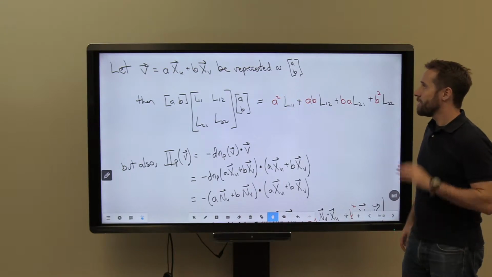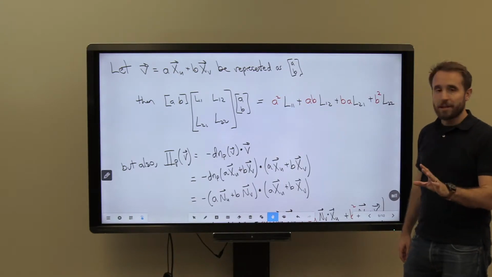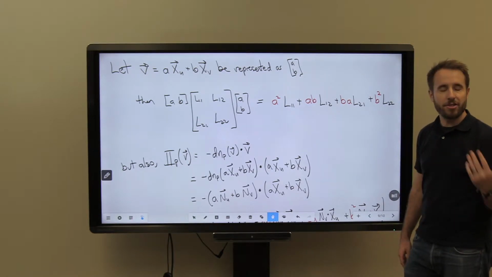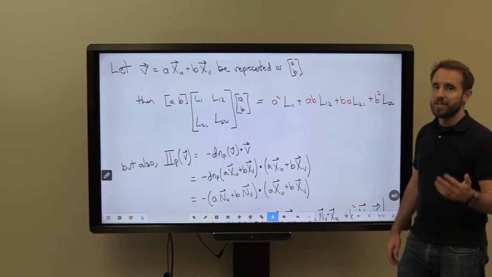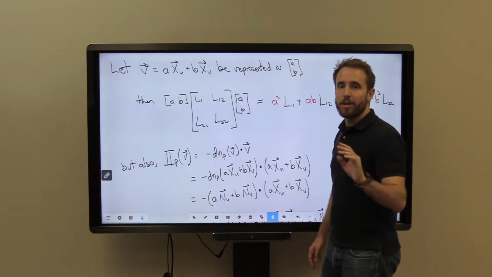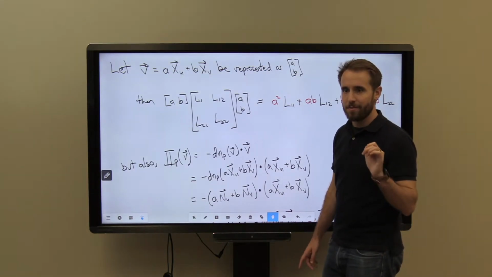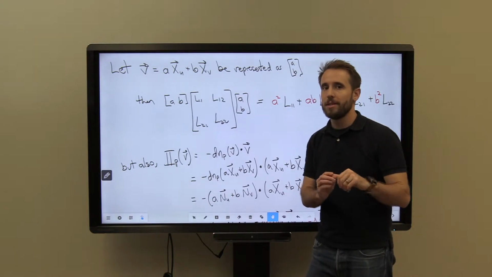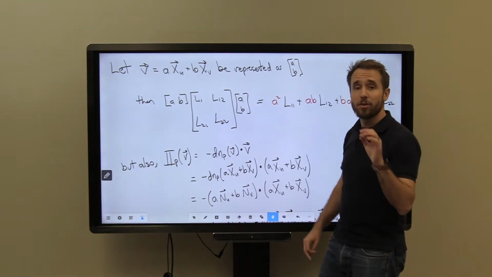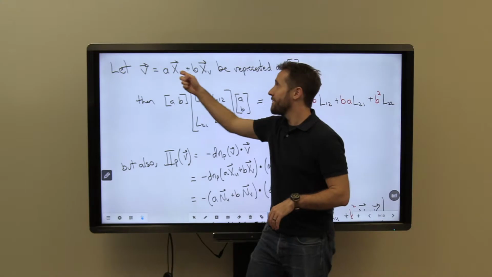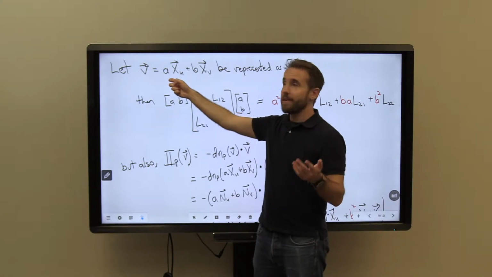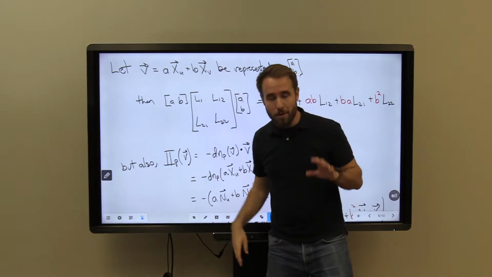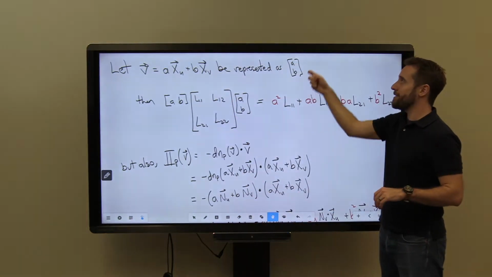Okay, so let's take our vector v that we want to plug in, and because we are working in the tangent plane, I want to represent it according to our typical tangent plane basis, specifically in terms of the vectors x sub u and x sub v. So let vector v be the vector a x sub u plus b x sub v, and let me represent that in its column form as (a, b).